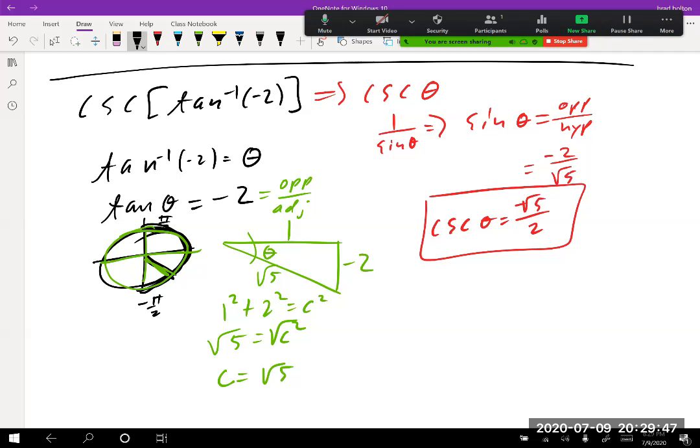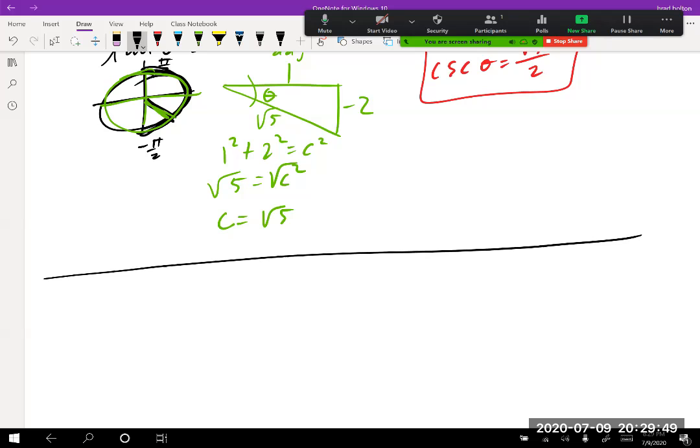Okay, let's try another one. Just so we kind of, let's do cosecant, okay? So cosecant inverse of 2, okay? So a few things I want to talk about first.